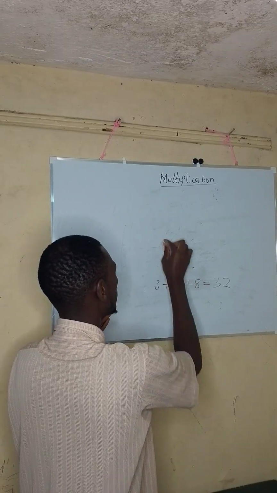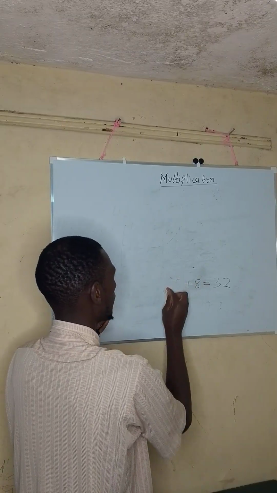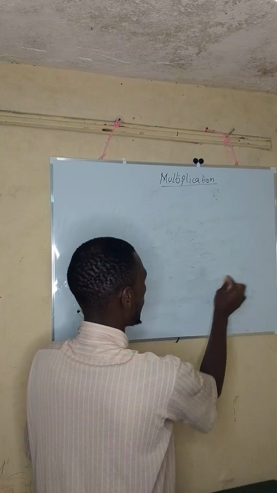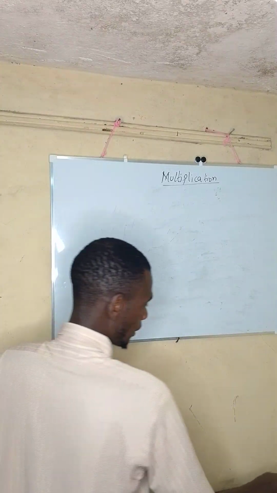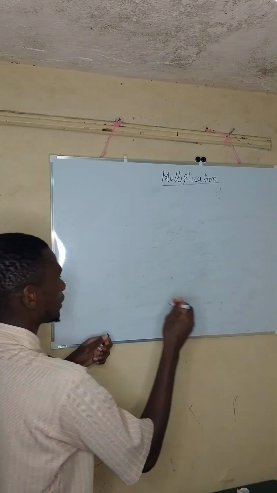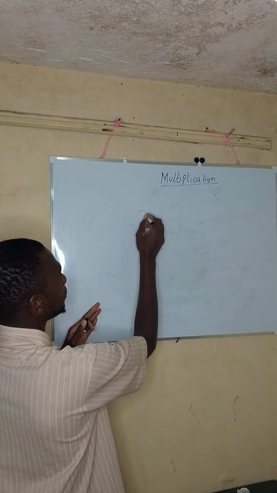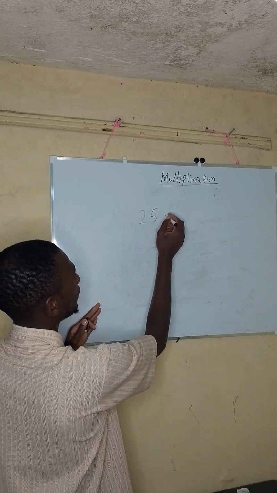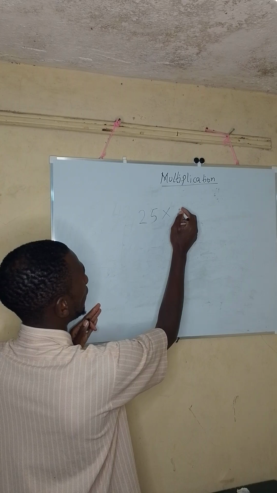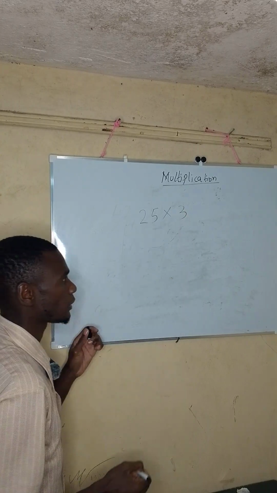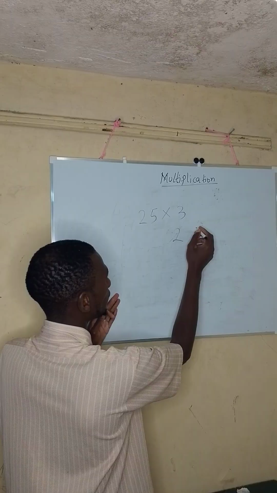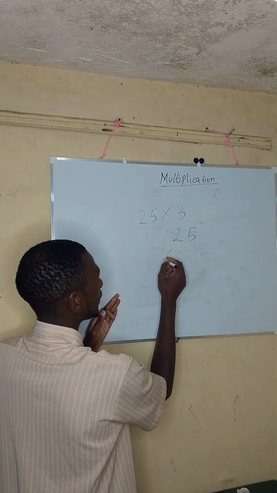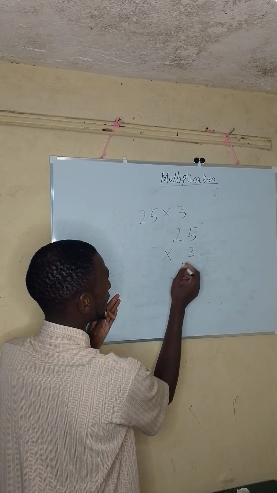They do a 2-digit number by a 1-digit number, or a 2-digit number by a 2-digit number. Let me pick a 2-digit number like 25 times, let's say, 3. So we rewrite it: 25 times 3.